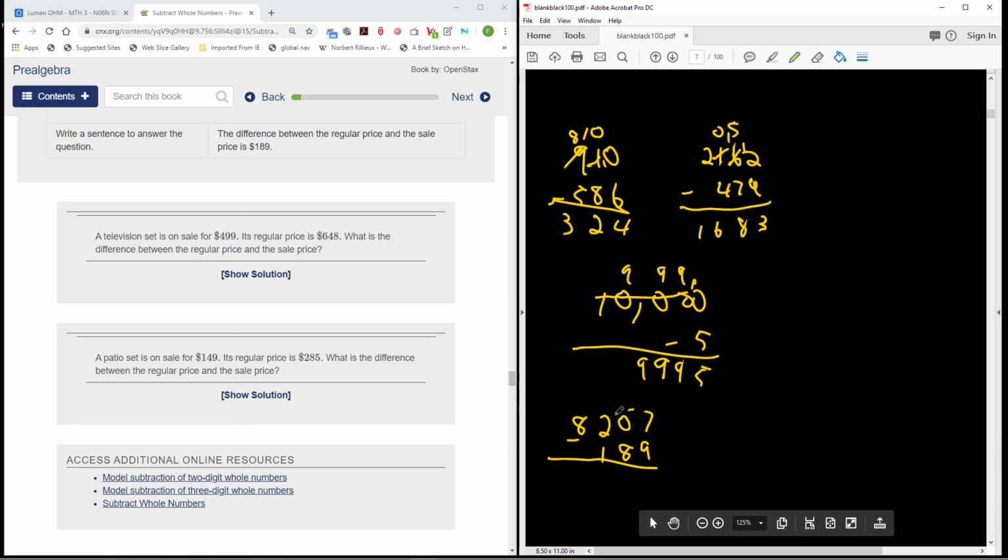So when I borrow in this case, the whole thing's going to roll back 1. So I borrowed 1. I have 17 minus 9 is 8. 9 minus 8 is 1. And 1 minus 1 is 0. And that's the end of that one there.